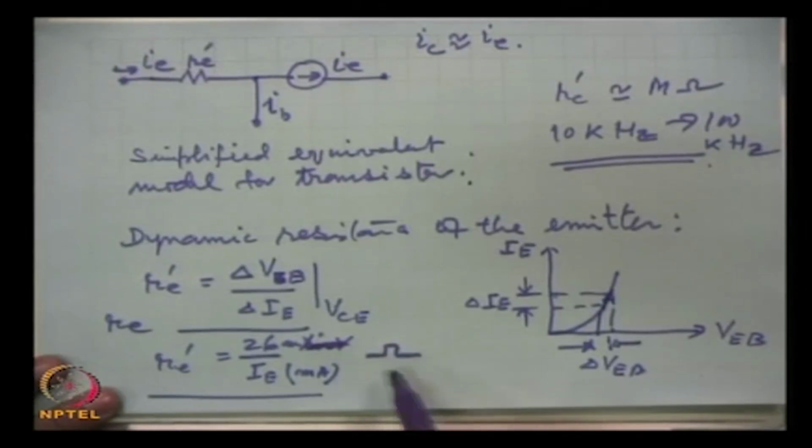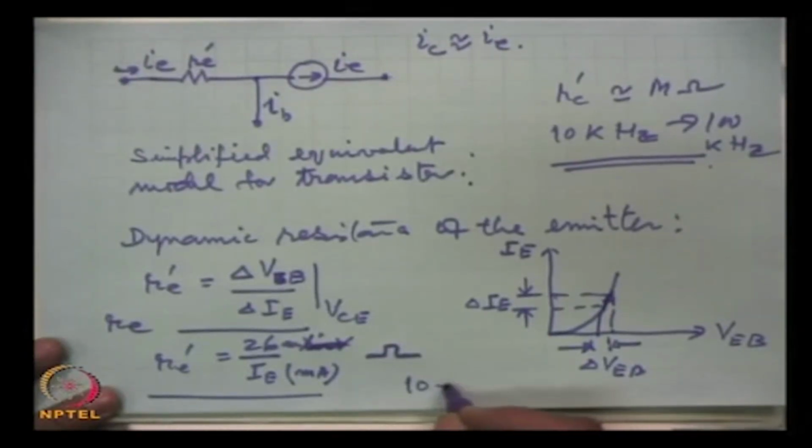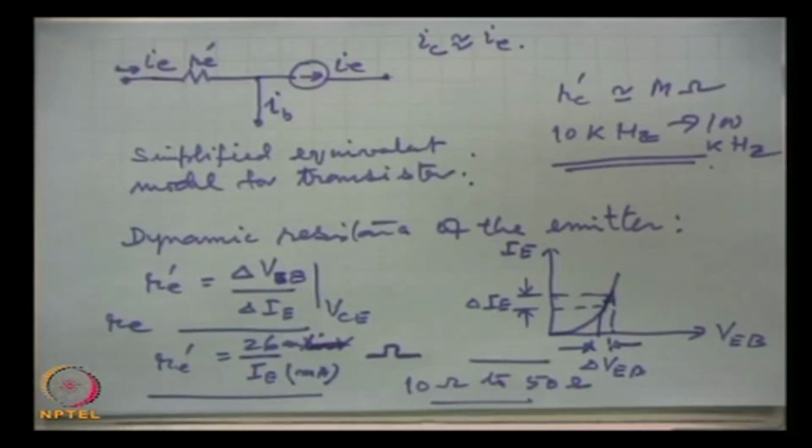So, we get the resistance in ohms, and this resistance varies from 10 ohm to 50 ohms.